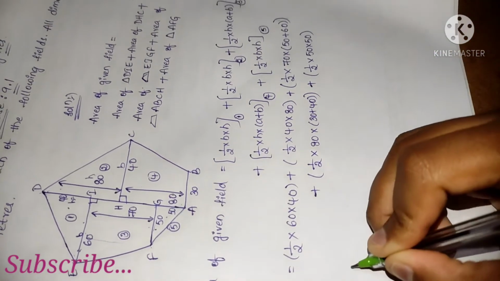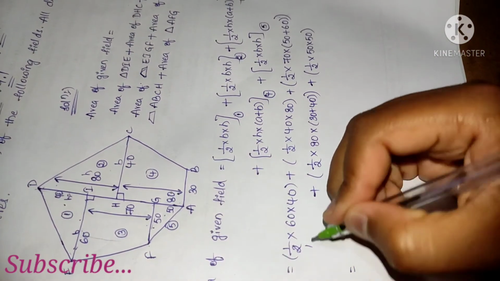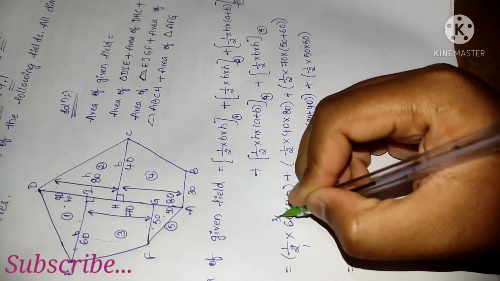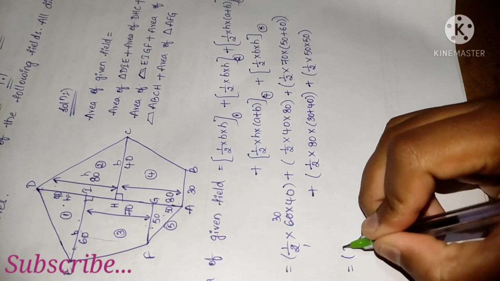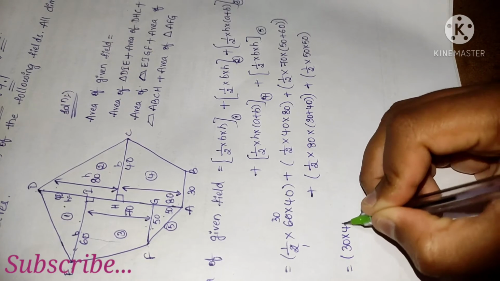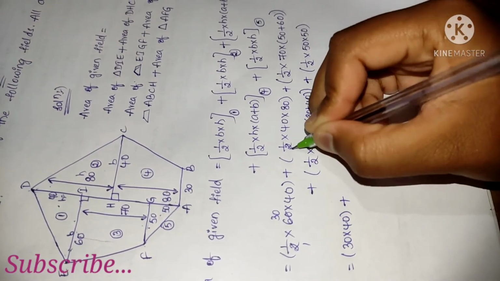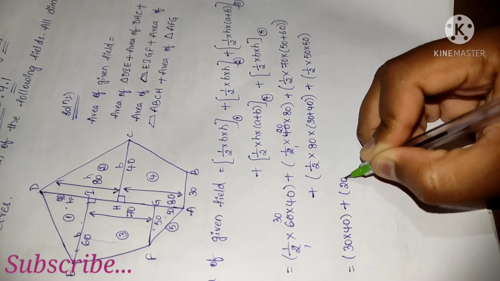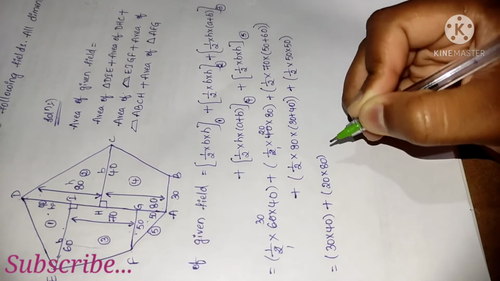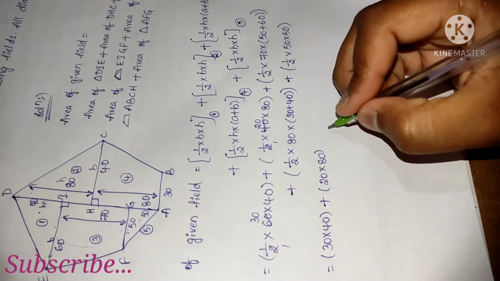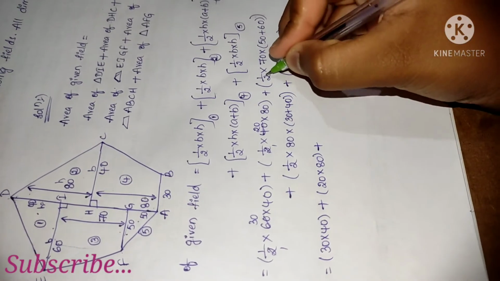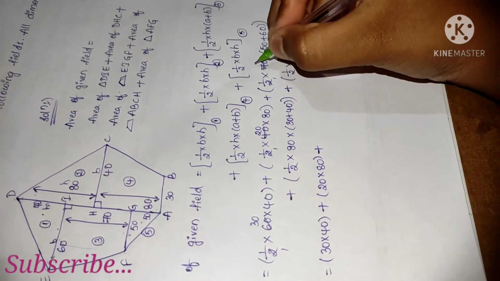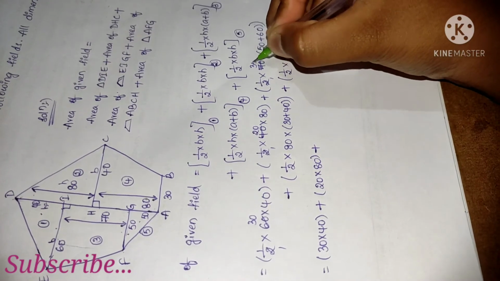Now simplification. 2 ones are 2, 2 30s are 60. So 30 into 40, plus here also 2 ones are 2, 20s are 40. So 20 into 80, plus 2 ones are 2, 35s are 70.